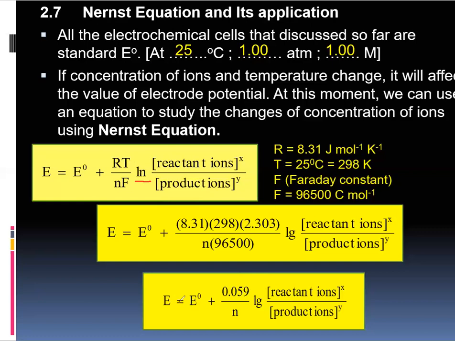So E will be equal to E naught plus 0.059 all over N log of the concentration of reactant ions raised to the power of their number of moles all over the concentration of the product ions raised to the power of their moles. This square bracket represents concentration.